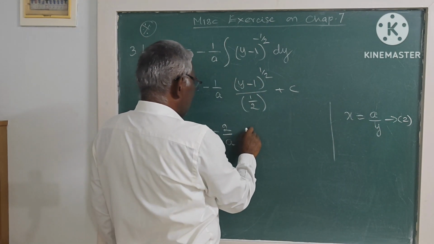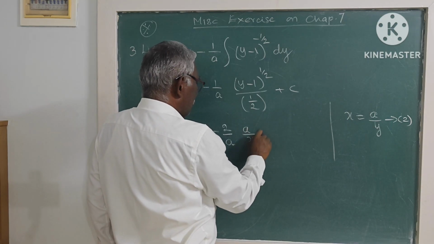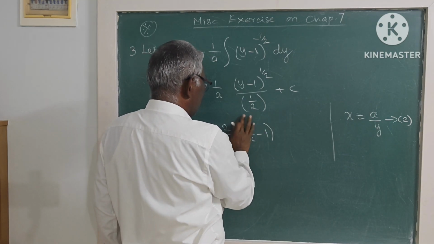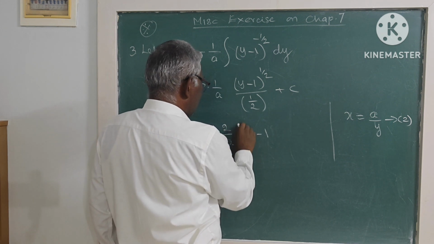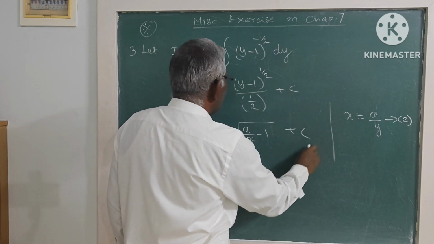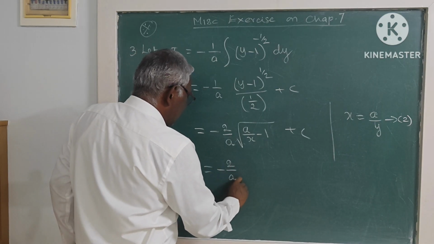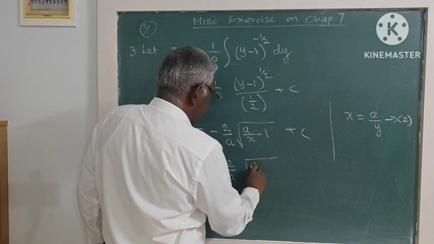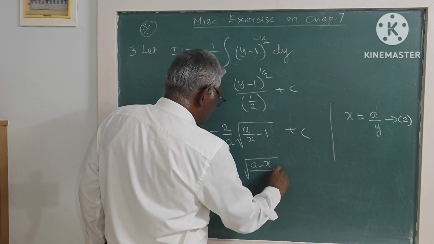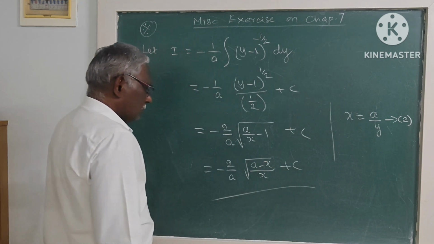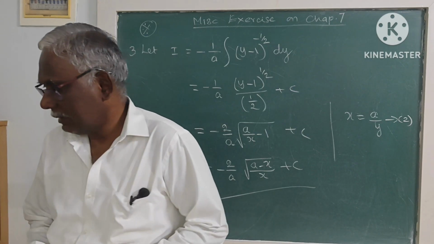So this will be (a by x minus 1) power half, or you can put root, plus constant, so minus 2 by a square root of (a minus x) by x plus constant. So this is the answer.